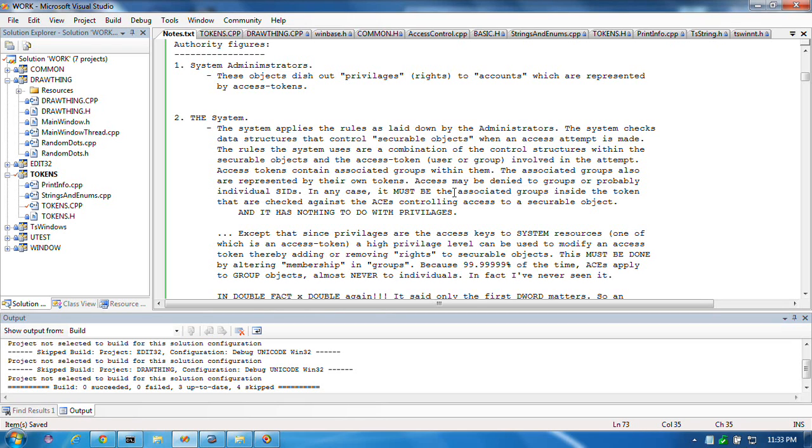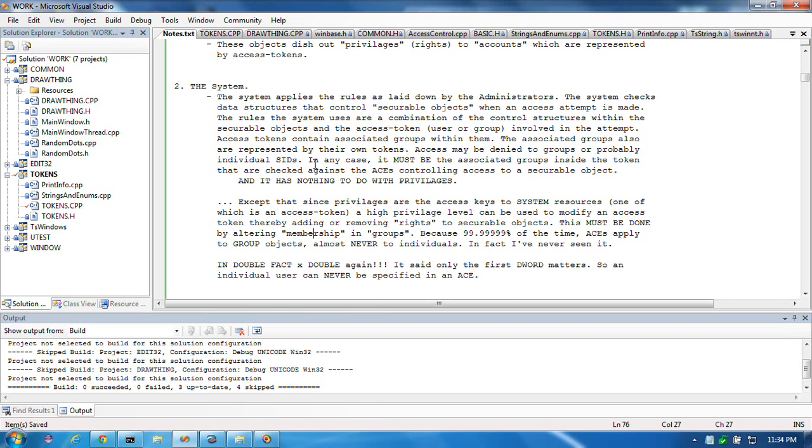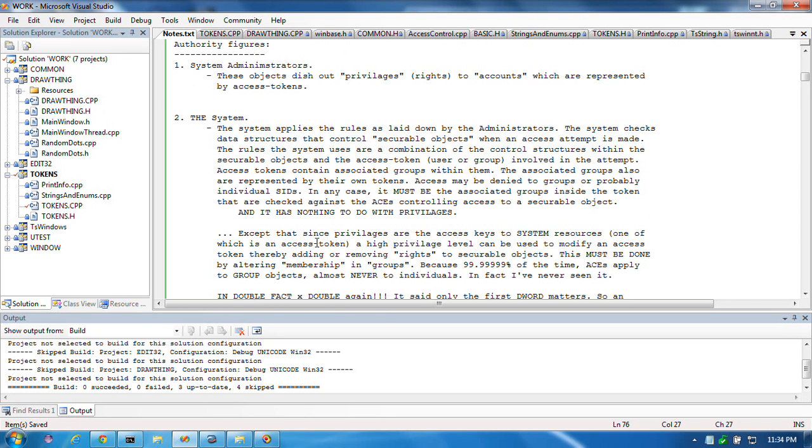Anyway, you certainly need privileges in order to acquire rights, or to enable and disable rights to securable objects like processes. And the way to do it is by somehow altering your membership in groups, because it can't be by individual unless your individual has such a small security identifier that it could fit in a single DWORD, like the NT Authority system has.